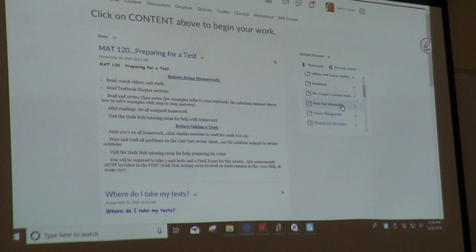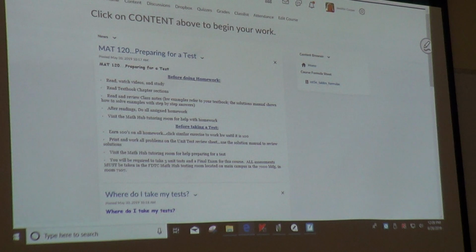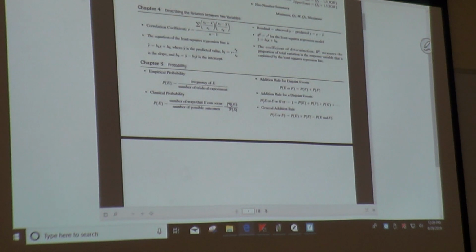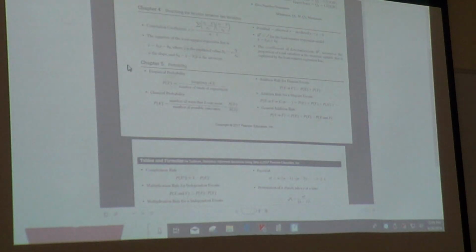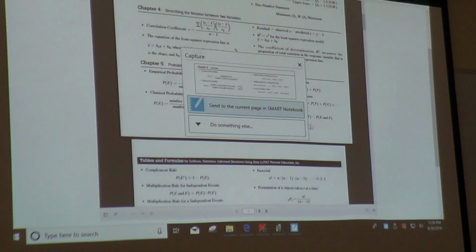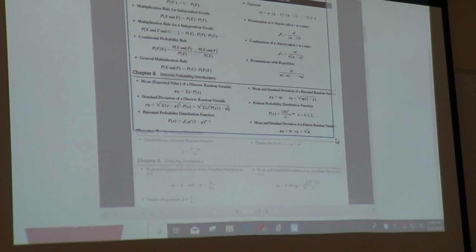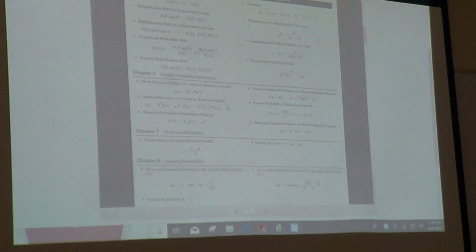Let me get to your course formula sheet. And what I may do is pull up 5 and 6 so that you can see them.